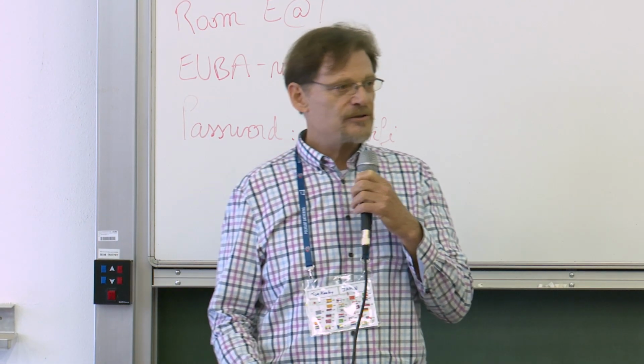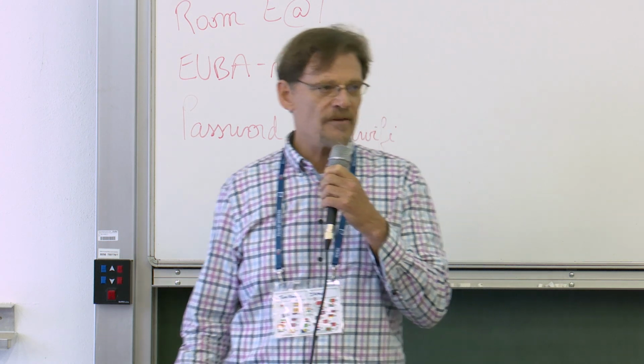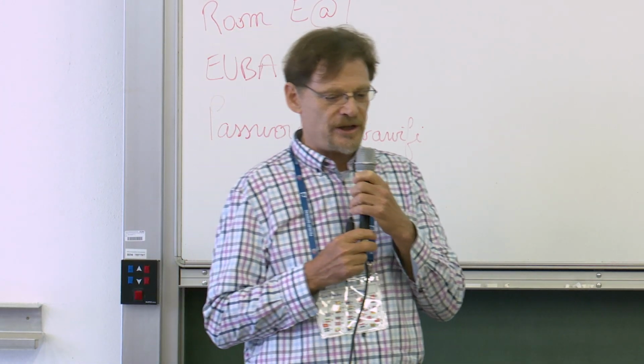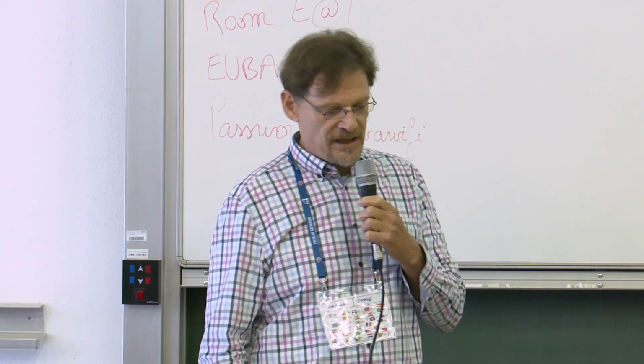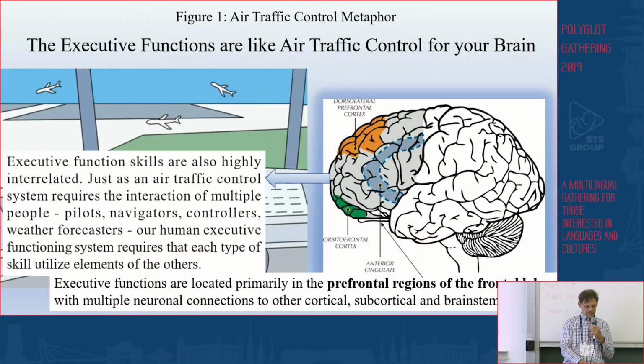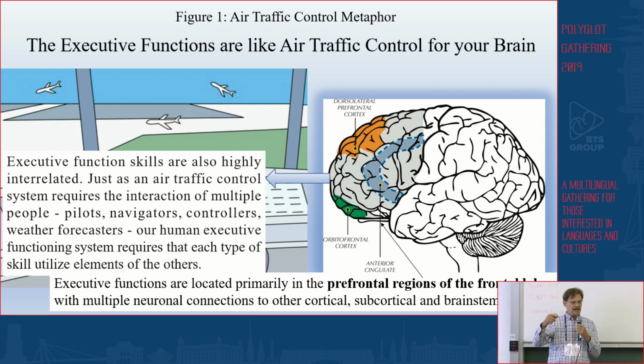Okay, so we'll start off talking about executive functions in general, and it's like a traffic controller. That's the best metaphor. The executive functions are mainly in the prefrontal regions of the frontal lobe.